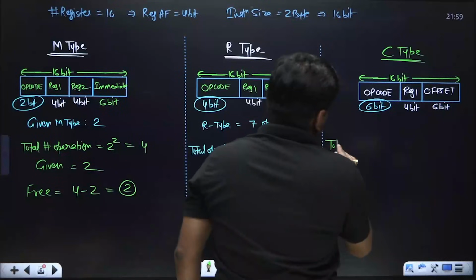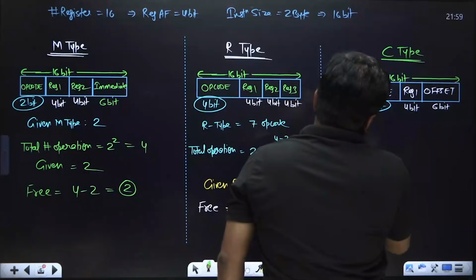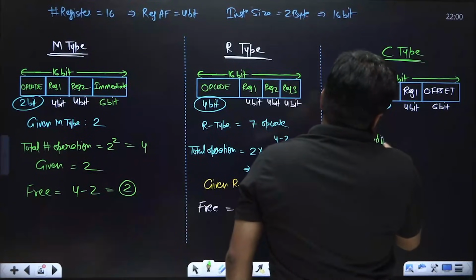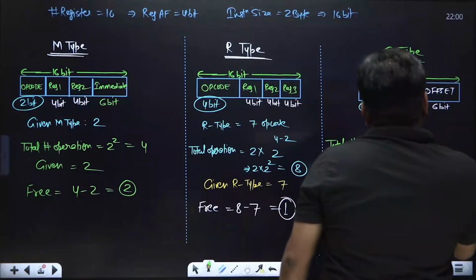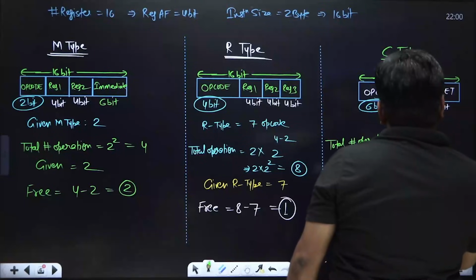Now here total operation in C type, free opcode into 2 raised to power increment bit in opcode.